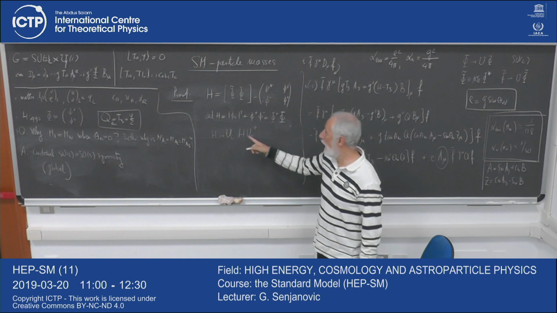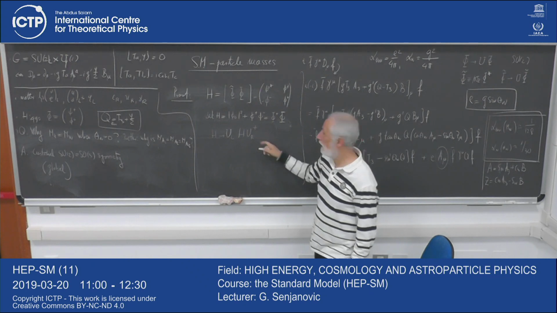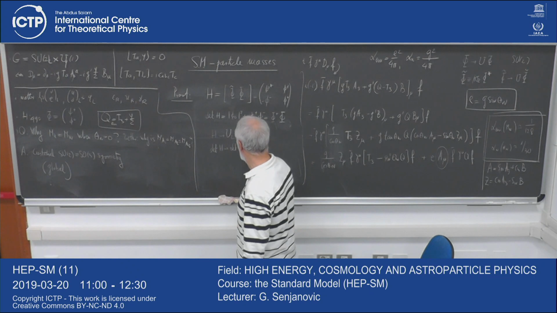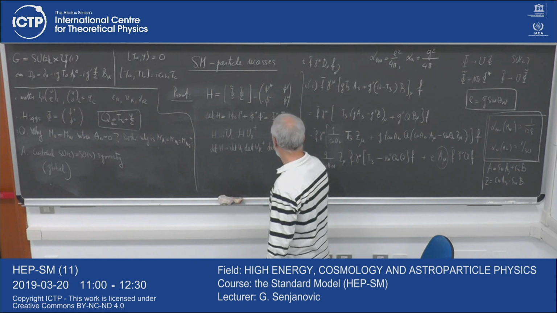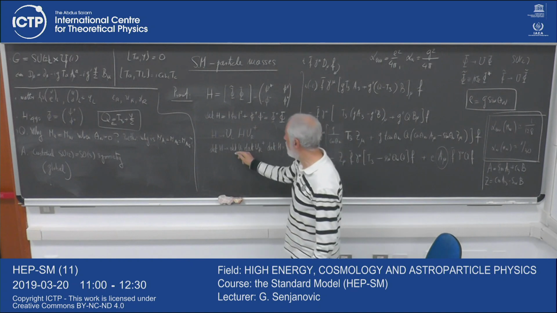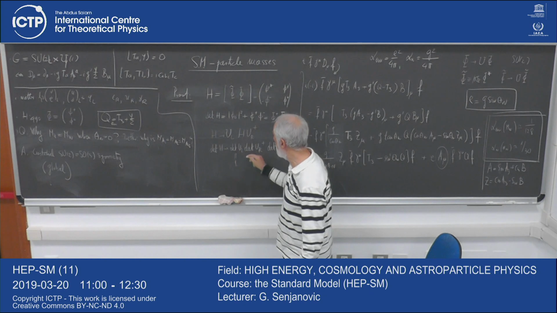There is more symmetry. Why? Because of the determinant of H, of course, these are SU2 rotations, so determinants are 1. In other words, determinant H goes into determinant U_L, determinant U_R dagger, determinant H, but this is determinant H. It stays invariant because this is 1 by definition, and this is 1.